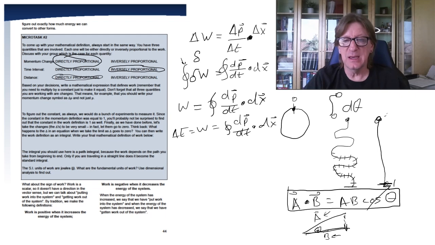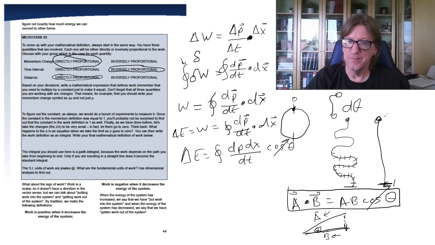So in this case, I'm going to go ahead and write it this way. Delta p dot delta x, or dp dot dx, is simply dp dx, where these are magnitudes now, over dt. So that was my a vector, that was my b vector, and technically, yes, there's a cosine theta here, but since theta is 0, the cosine of 0 is 1. So far, so good.